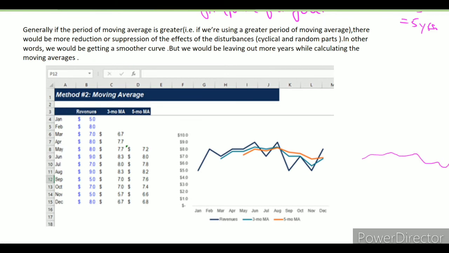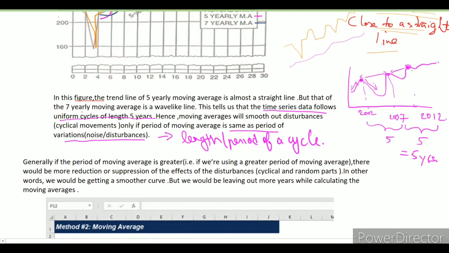But if you fit a 5-year moving average to this data, we get an even smoother curve, which looks something like this. So this tells us, going back to this example, that the moving average period is more or less equal to the period of the business cycle, or the period of variations in the data set.